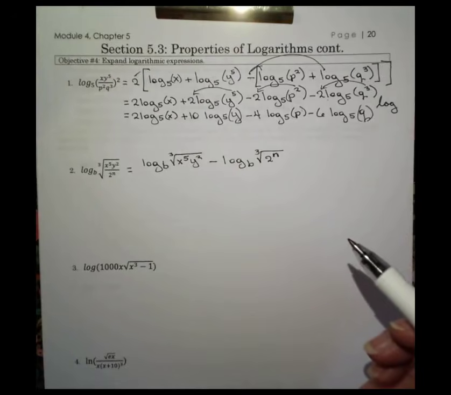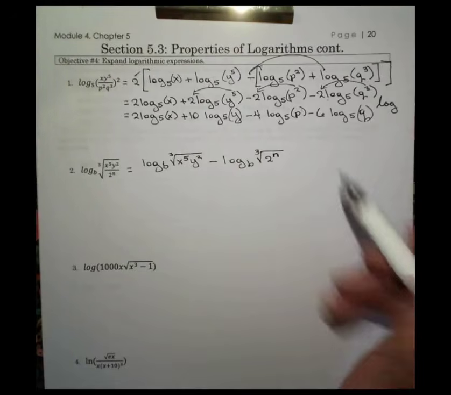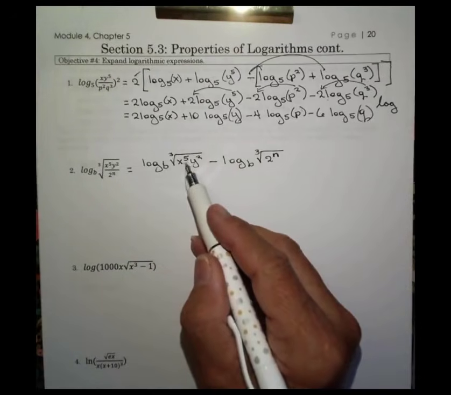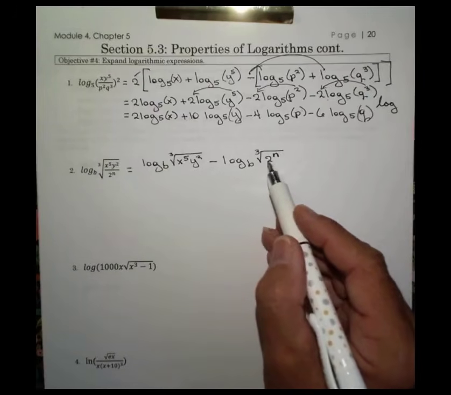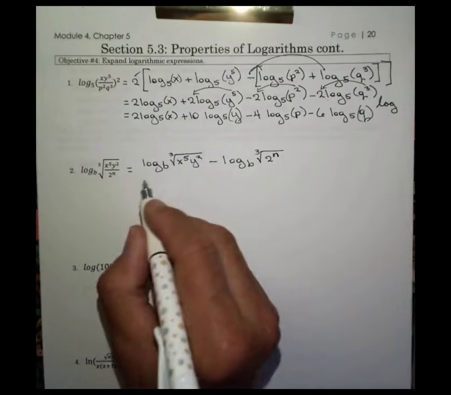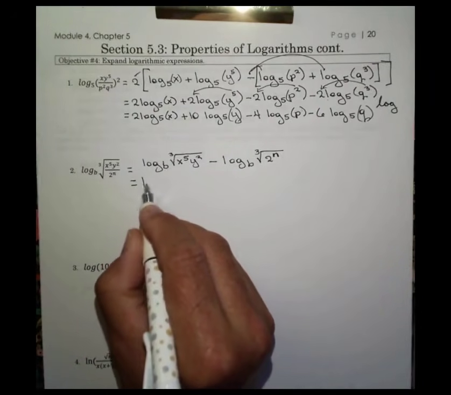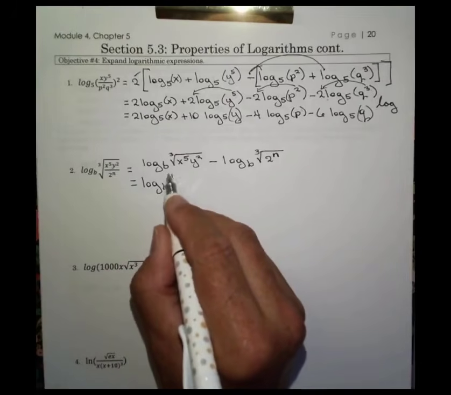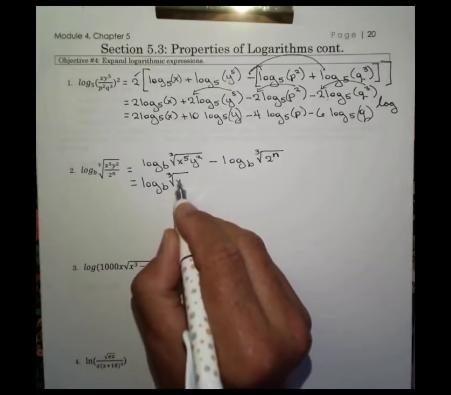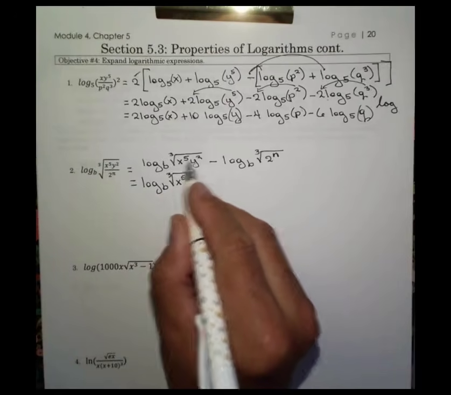Now, the next thing I really need to do is go ahead and split these out. So this is going to turn into addition, and this won't turn into anything. So let's just split this first one out, okay? I've got log base b, and I'll say this is the cube root of x to the 5th, and I can do that because these terms are multiplied.